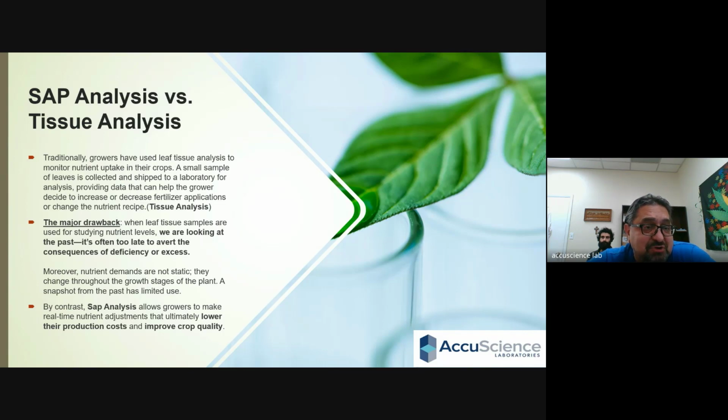But with the sap analysis, you're testing what is actually in the stems and in the leaves, what is traveling through the plant. This is you testing the nutrients that are flowing through the plant. So one should not compare the limits or the amounts you see in the tissue sample and the sap analysis.